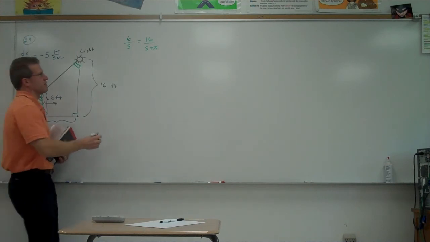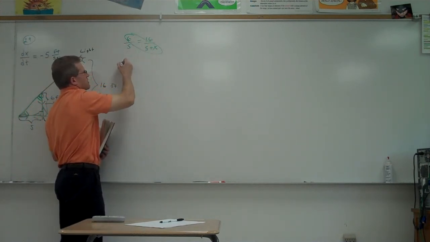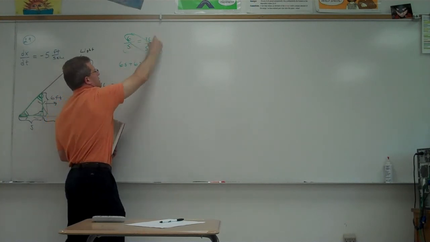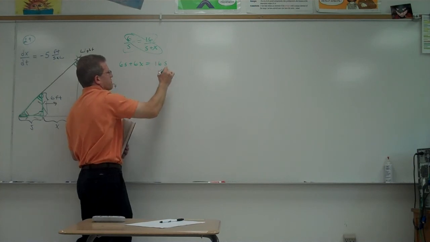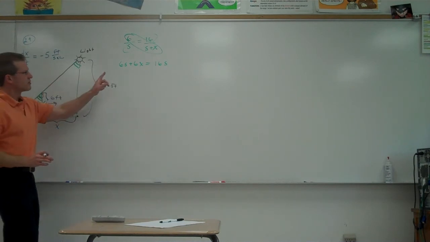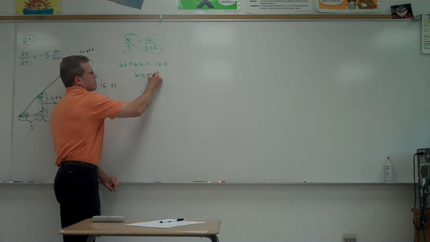Now it's just a matter of cross multiplying. So 6 times s plus x would be 6s plus 6x. S times 16 would be 16s. And it's always a good idea to simplify as much as you can before you do your derivative. So subtract 6s off both sides. It'll give you 6x equals 10s.